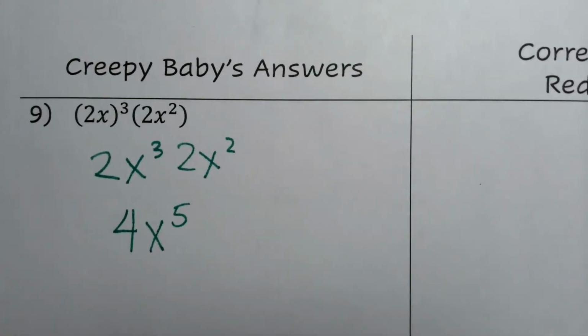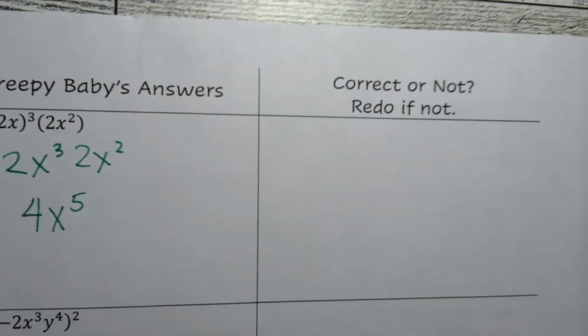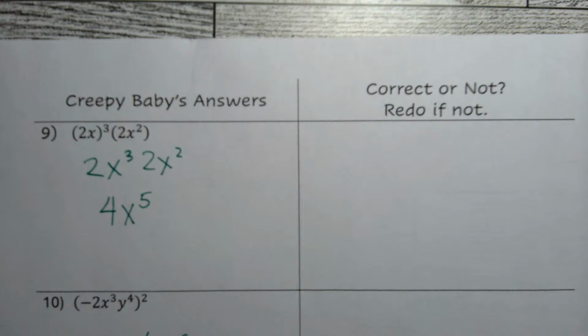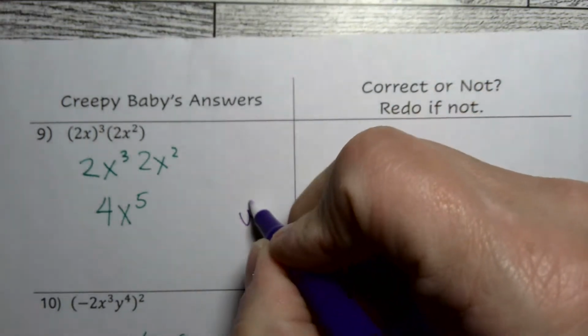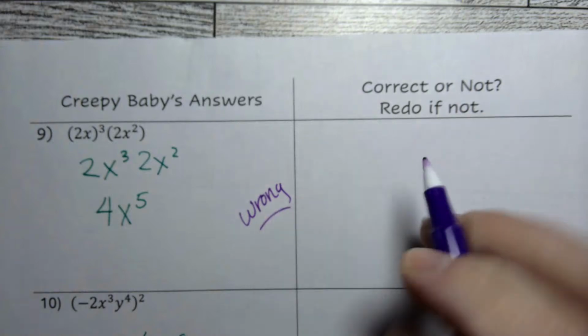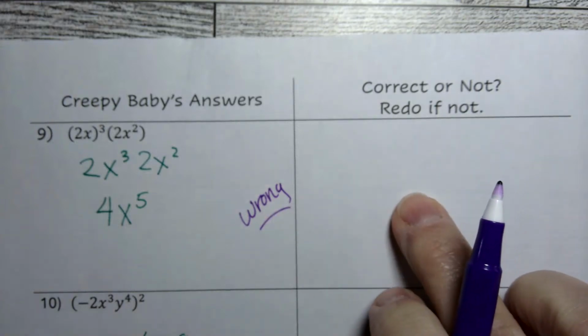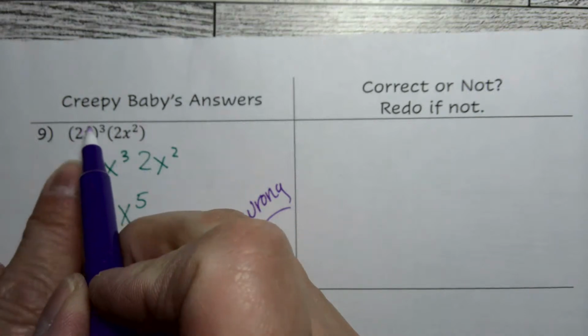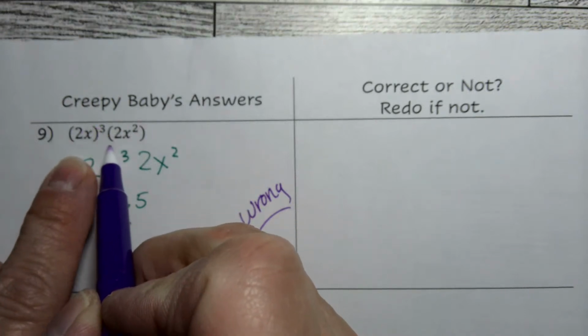Okay, for this one, she did make a mistake. Let me pull this back up a little so you can see both sides. Okay, she made an error on this one. So I'm just going to write wrong here, and we're going to redo it. All right, so what she didn't do, and her mistake is right there.